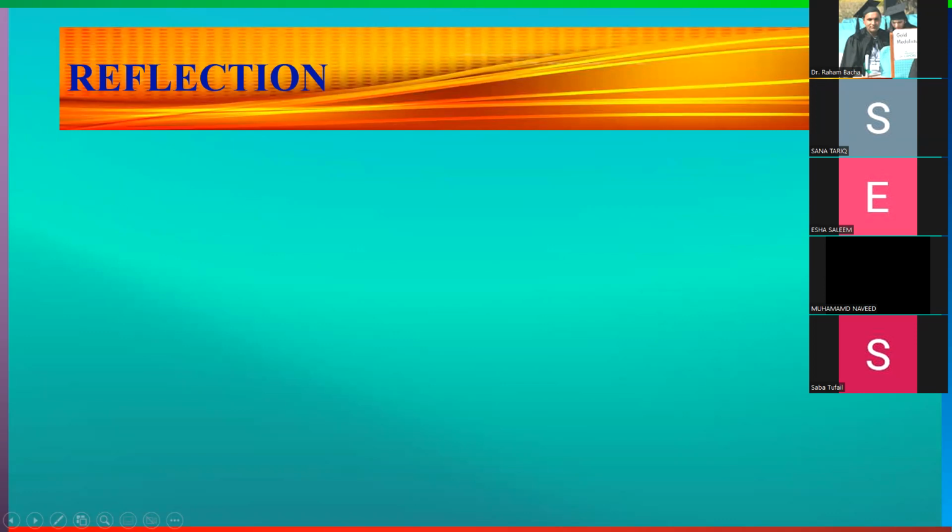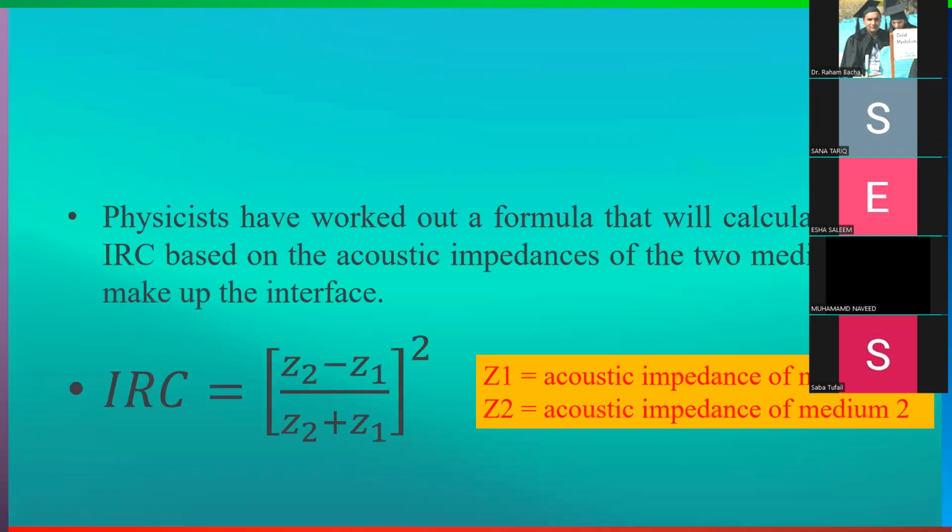This is the formula of the intensity reflection coefficient. If there is a great mismatch, a great difference between the acoustic impedance of the two media, for example, there are two media, the acoustic impedance of one medium is Z2, and the acoustic impedance of the other medium is Z1. So (Z2 minus Z1) divided by (Z2 plus Z1), whole squared.